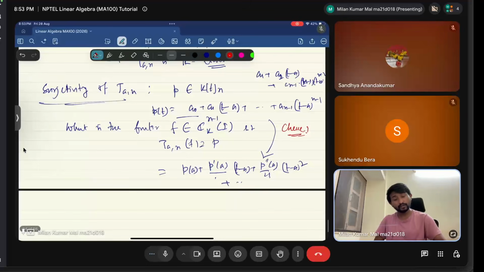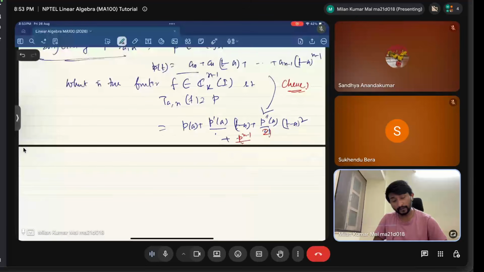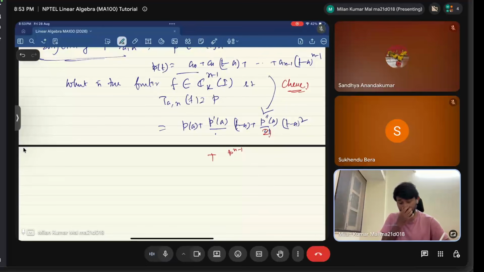So this is what it is. Similarly, we will get the other ones, and the final term will be the (n minus 1)th derivative of p at the point a, divided by (n minus 1) factorial, into (t minus a) to the power n minus 1.